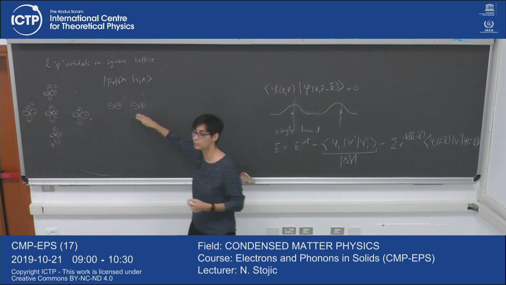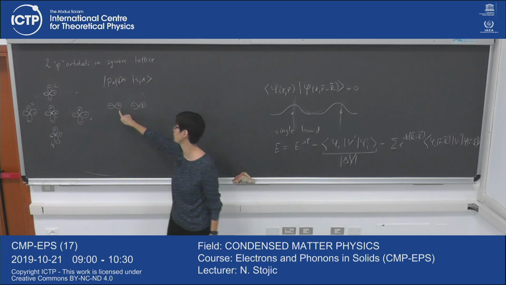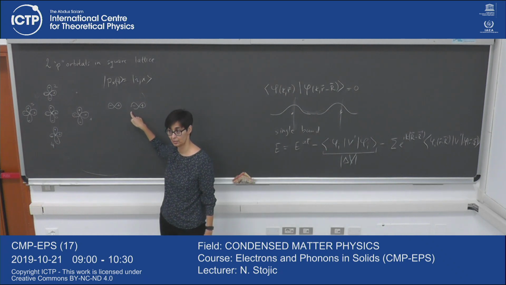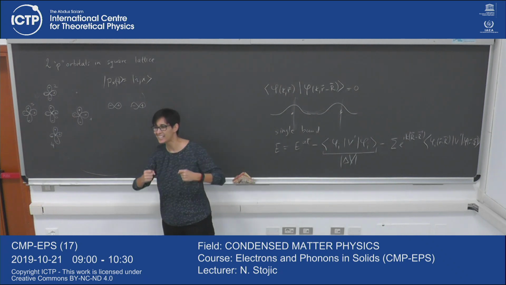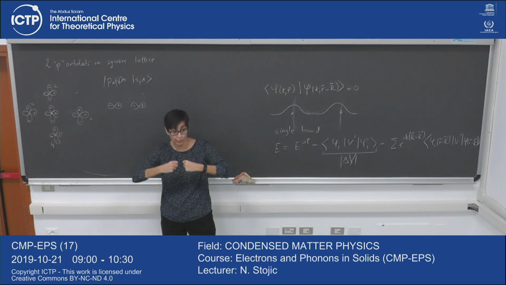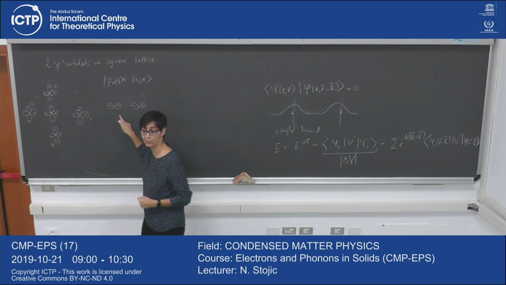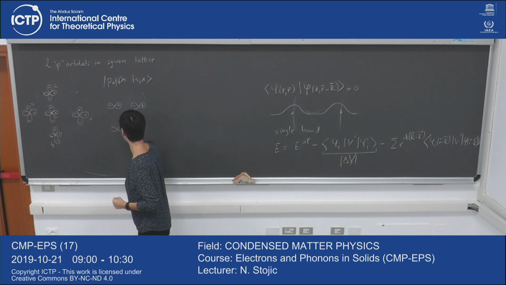However, we have a bit of a bad situation here because the phases are opposite. For them to create a bond, they should have the same phase in the center, something of this type, plus, plus. And then they create some kind of bond.